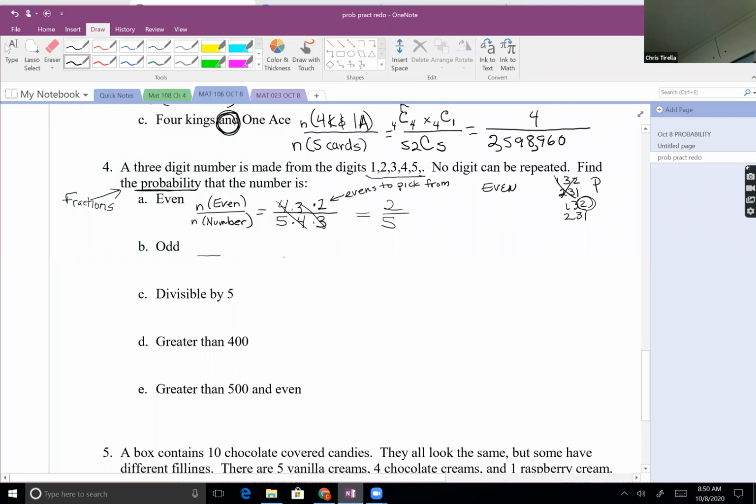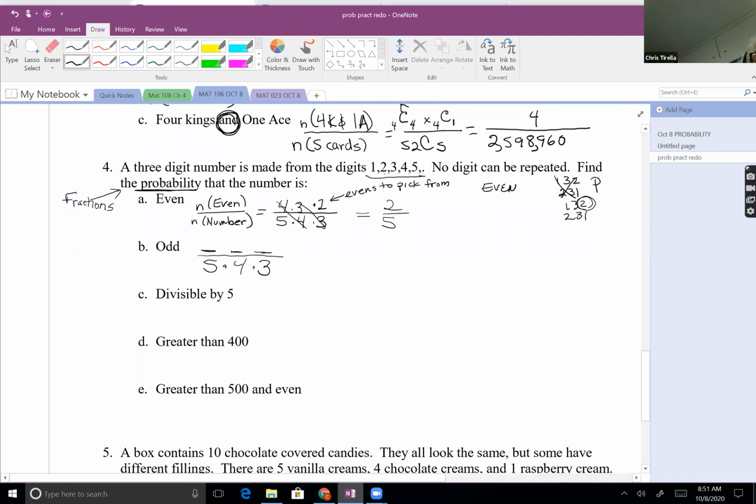And so for the probability that I get an odd, probability again is a fraction. The denominator is the sample space. 5 choices for the first digit, then 4, then 3. That's my 5 permutation 3. This time, when I fill in the spaces, if I want it to be odd, this last digit has to be odd.